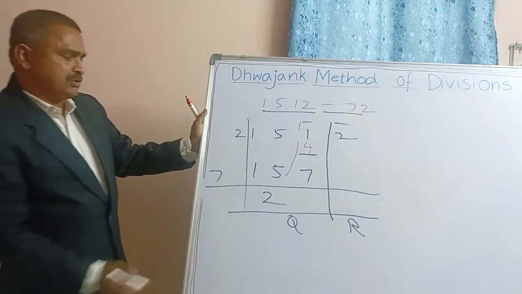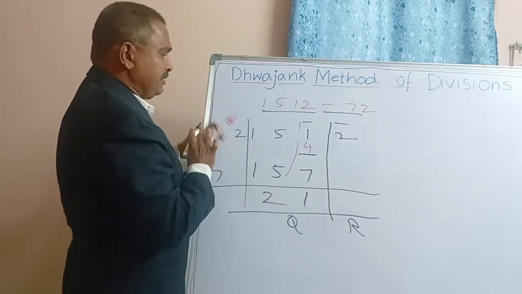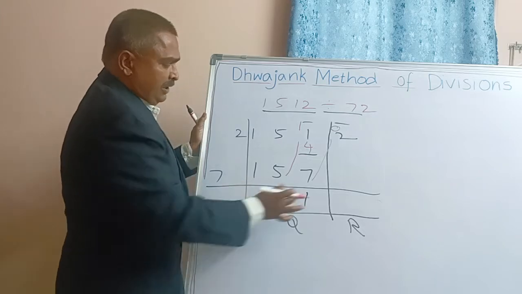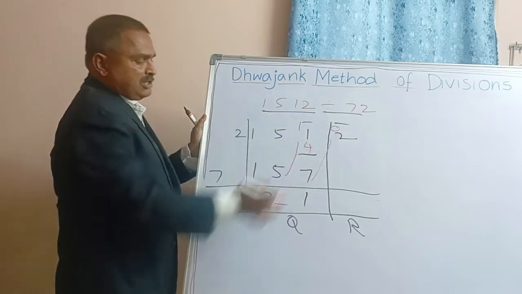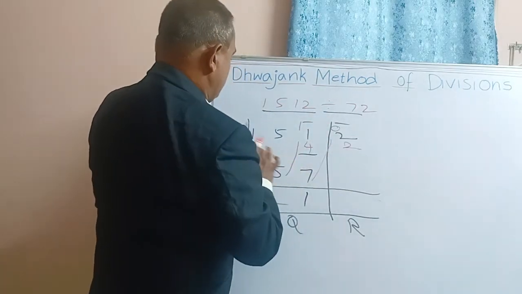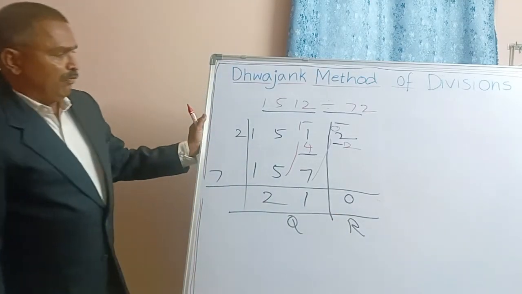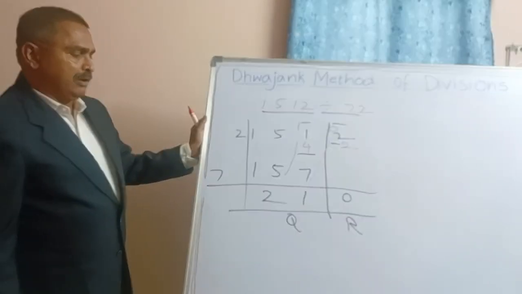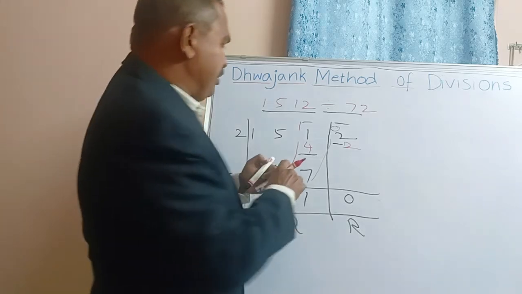Again division starts. 7 divided by 7, one time. The remainder is 0. Again we got a quotient. Again multiply with flag number and subtract from next part. 1 into 2, 2. 2 minus 2 is 0. 1512 divided by 72, the quotient is 21. Remainder is 0.